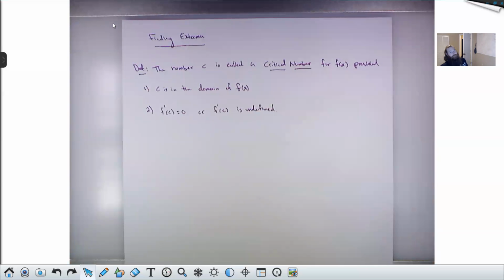These critical numbers, it turns out, are places where f can go from being increasing to decreasing, or from decreasing to increasing.